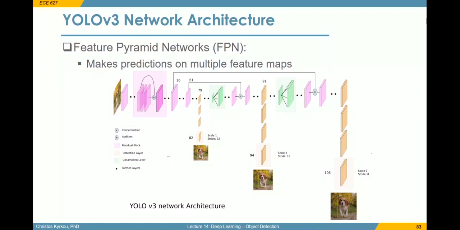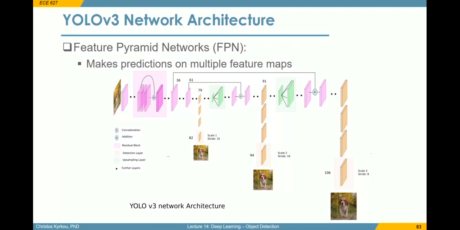Now they had multiple outputs coming from different parts of the network. And this is also what we call a feature pyramid network. The idea here is that we make predictions at multiple feature maps that could be at multiple scales.